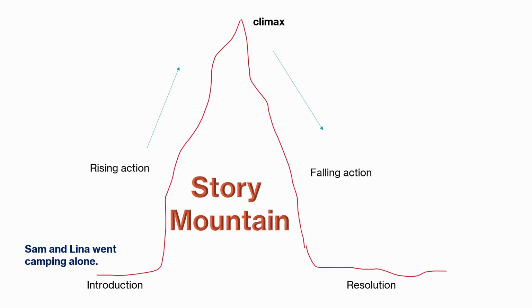Then we need to build up the events of the story, and these events will lead to the main problem. We call this rising action. For example, they can hear a strange sound, and this will cause great fear.